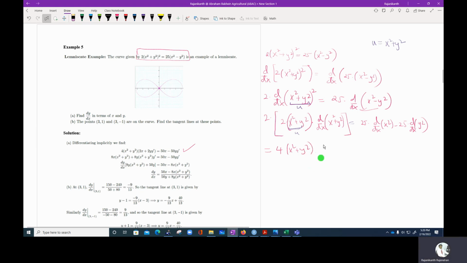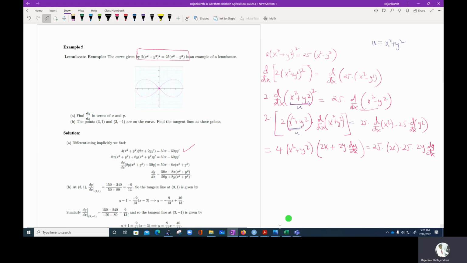Then again, the term-by-term derivative gives you d over dx of x squared is 2x, plus d over dx of y squared is again a power rule, 2y times dy over dx. On this side, 25, the derivative of x squared is 2x. Subtract 25, the derivative of y squared is 2y, but again the chain rule, dy over dx.